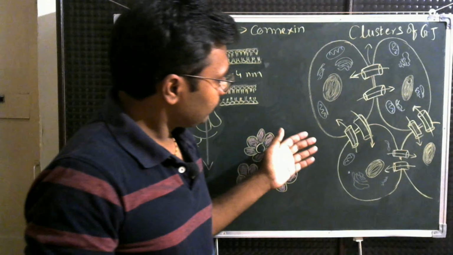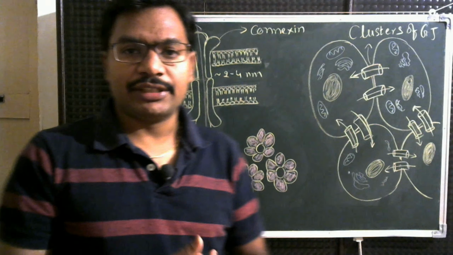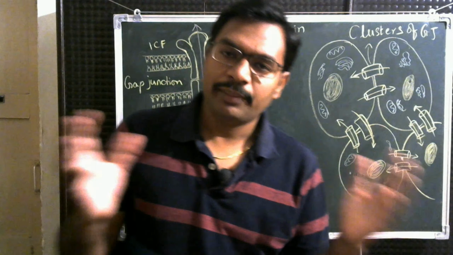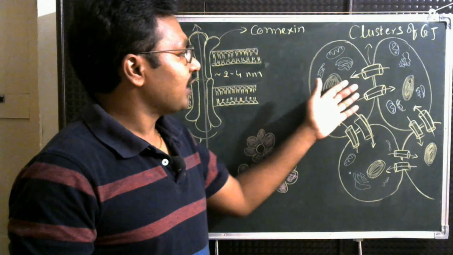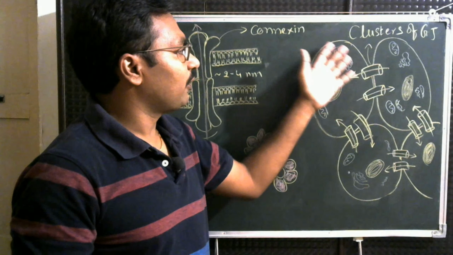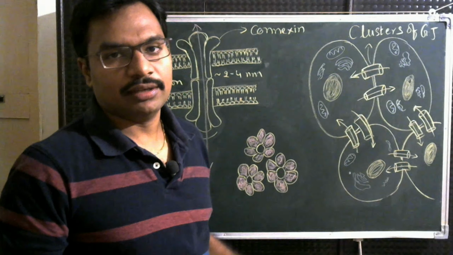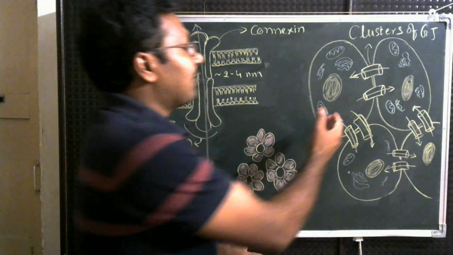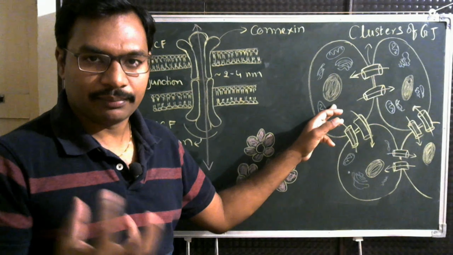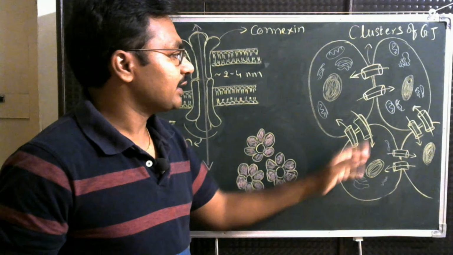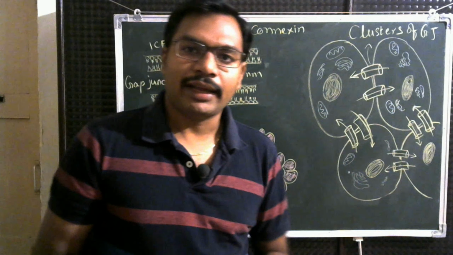One of the main functions of the gap junction is that it passes the potential change of one cell to the neighbor cell. For example, imagine these cells are cardiac cells. I stimulate one cell of the cardiac muscle. Immediately the adjacent cells also undergo excitation.